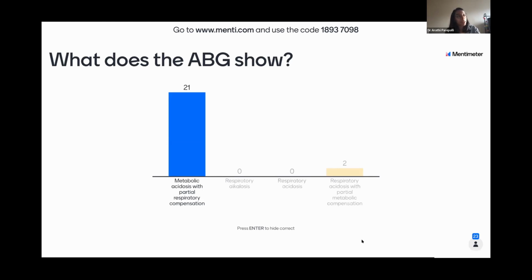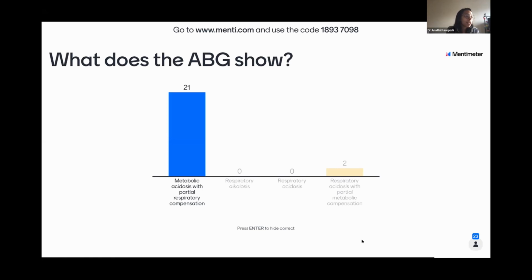Go on and look at PCO2. In this case, PCO2 is low, and that wouldn't then be in keeping with acidosis. You'd have to have high PCO2 to have respiratory acidosis. PO2 is fine. And then you go on to look at bicarb level.